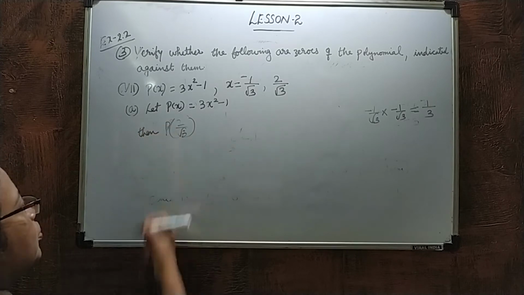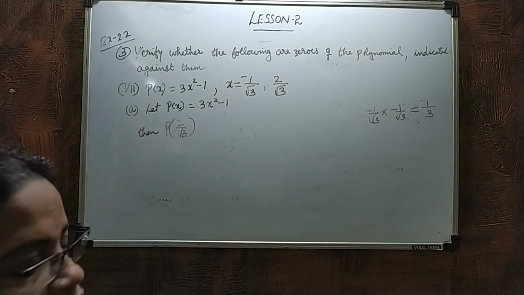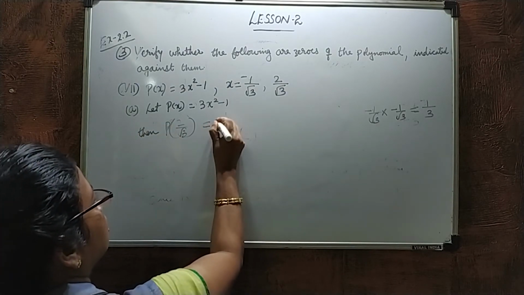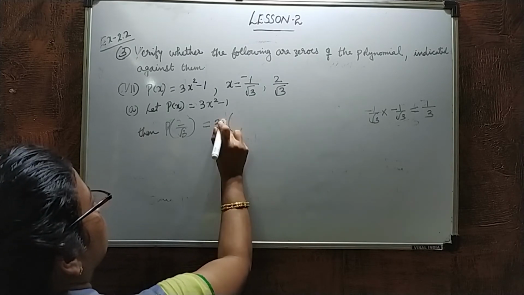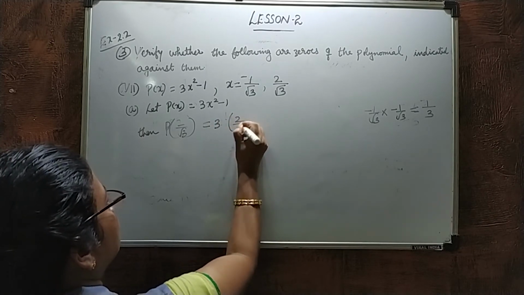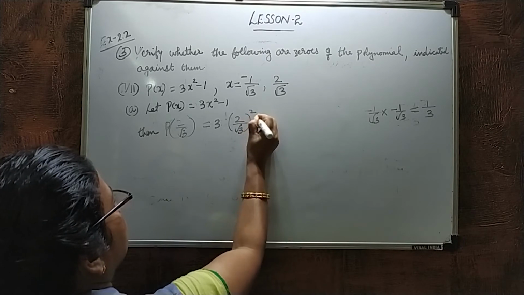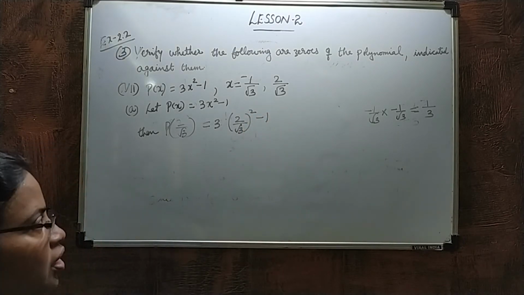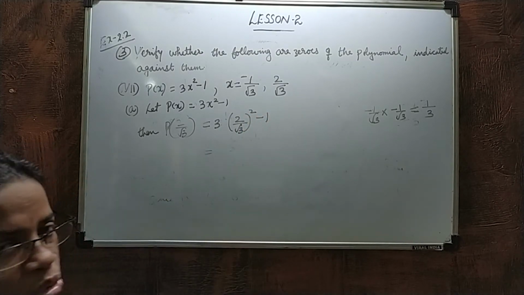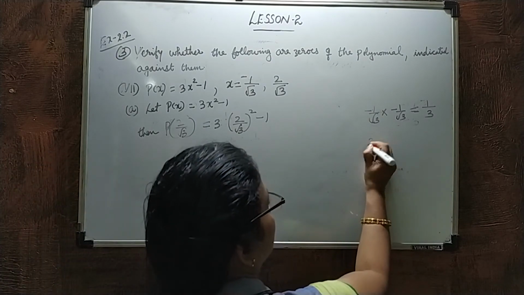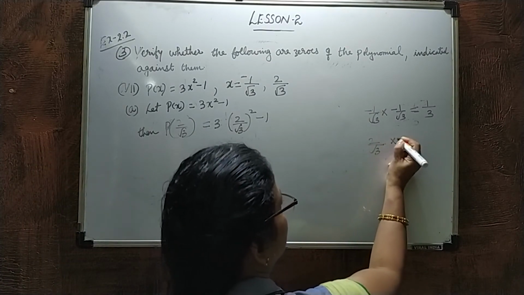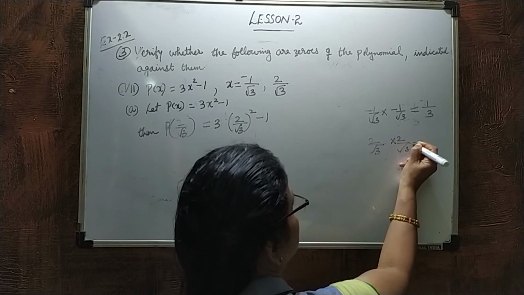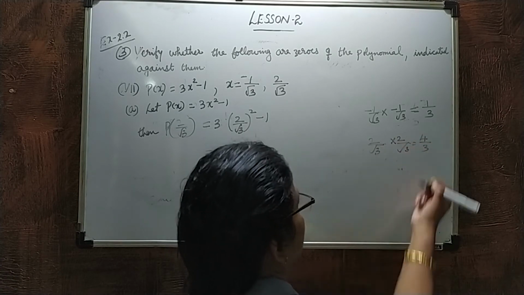Then P of 2 by root 3 equals, just substitute there, equals 3 into, bracket, 2 by root 3 square minus 1. Okay. So, 2 by root 3 square means what? 2 by root 3 into 2 by root 3 is equal to 4 by 3.